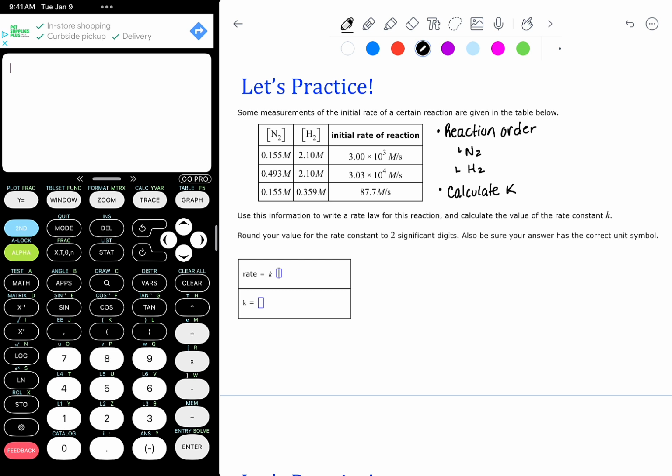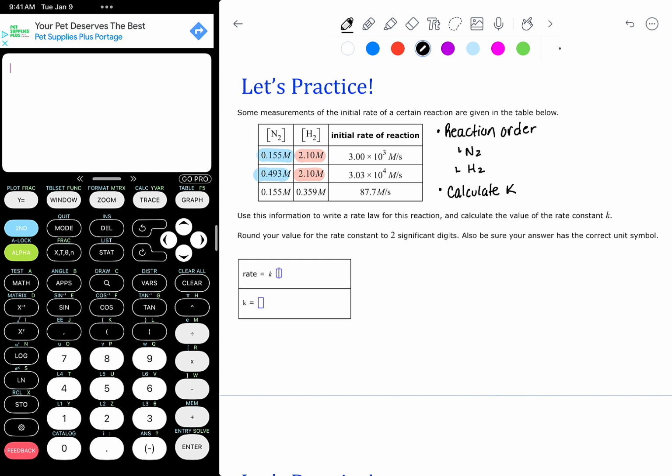So if we want to find the reaction order with respect to N2, nitrogen, we have to look at the two experiments where only the concentration of nitrogen varies. So that would be the first and the second. Noting that in the first and the second, the concentration of my other reactant that I'm not looking for at this time remains constant.